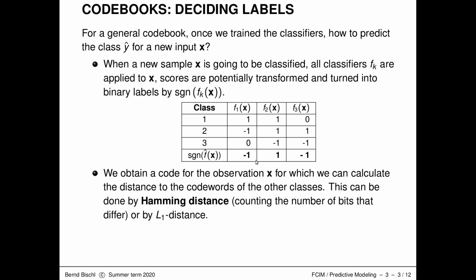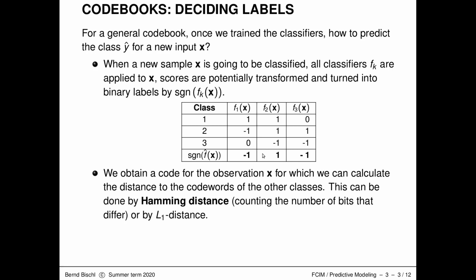In order for us to pick one of these original classes, what we should do is compute the distance between this predicted code word and the available code words. We can do this either by Hamming distance, which counts the number of components that are different between two given code words, or we can simply compute the L1 distance between code words. This is nearly the same thing. The only difference is that if we compute the Hamming distance, differing components always give a distance of 1.